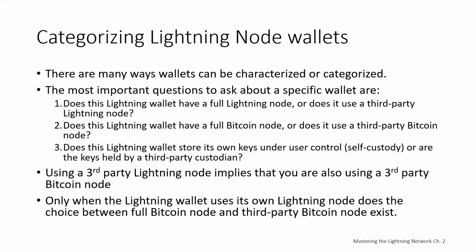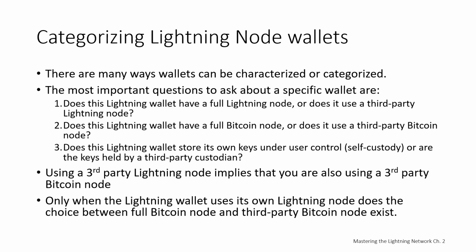So there are many ways wallets can be characterized or categorized. The most important questions to ask about a specific wallet are: does this Lightning wallet have a full Lightning node, or does it use a third-party Lightning node? Does this Lightning wallet have a full Bitcoin node, or does it use a third-party Bitcoin node? Does this Lightning wallet store its own keys under user control, self-custody, or are the keys held by a third-party custodian?